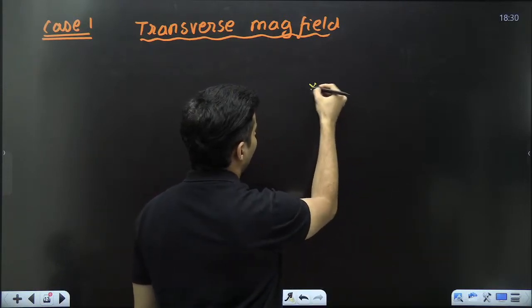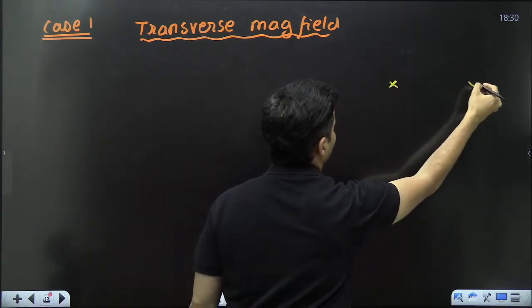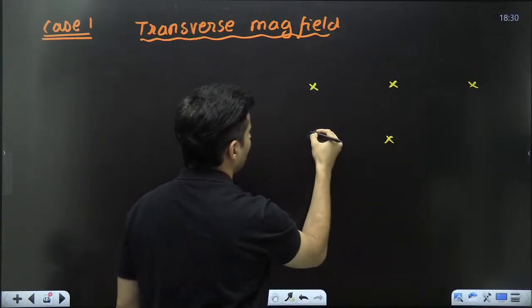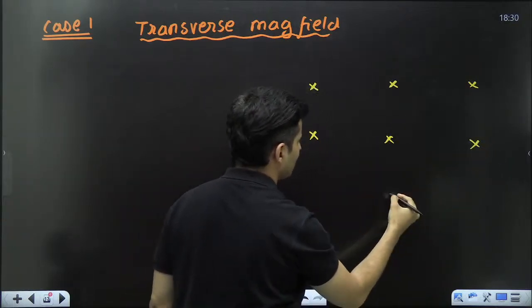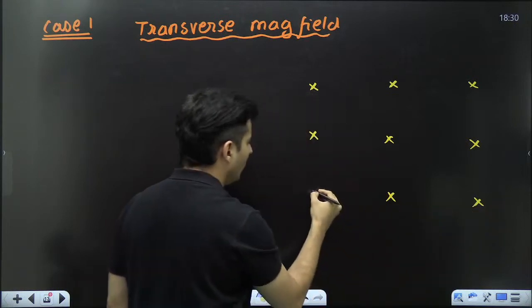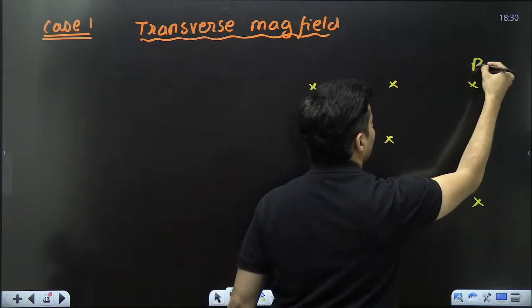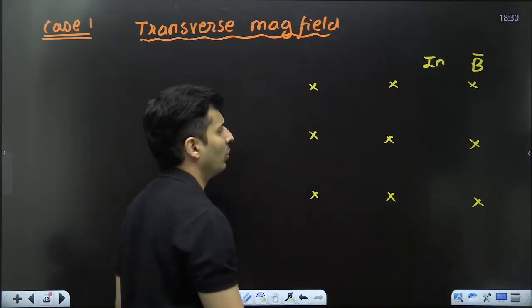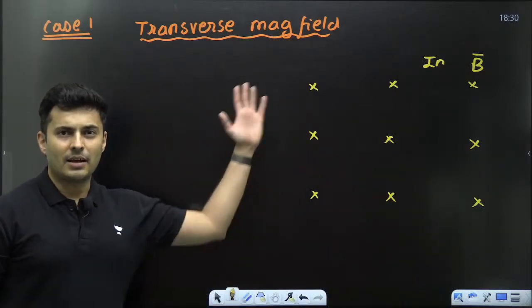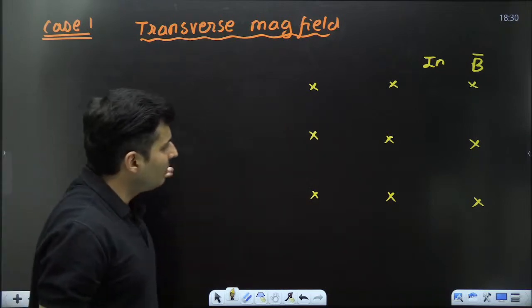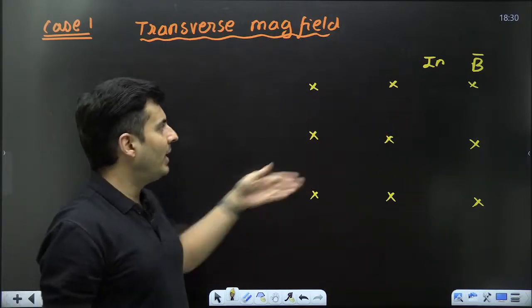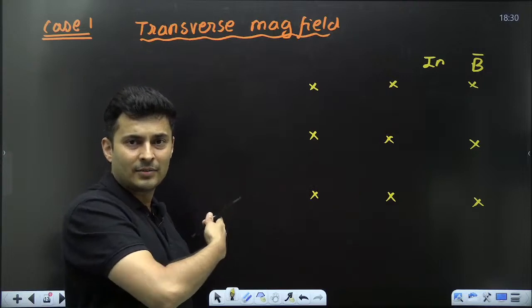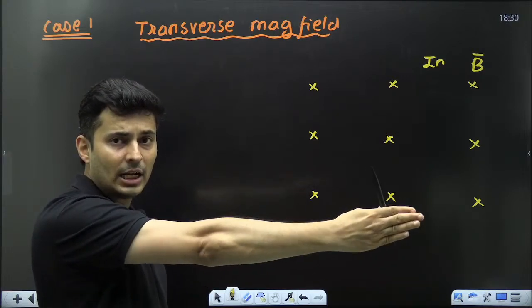Imagine the magnetic field is, let's say, inside the plane of your board, like this. These crosses show that the magnetic field is inside the plane of the board. It's there everywhere. Now let's say, for example, you throw a particle perpendicular to the field. B is inside, perpendicular to that.